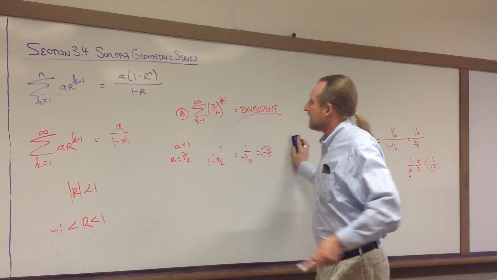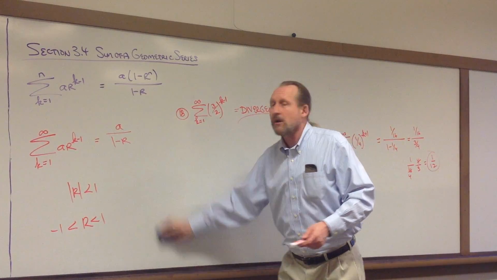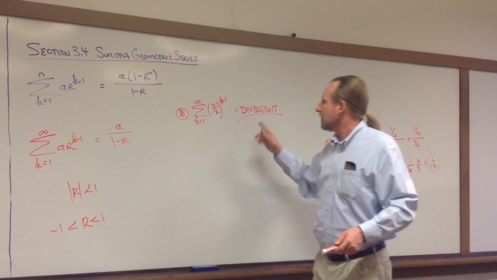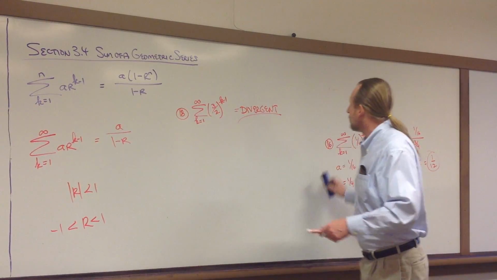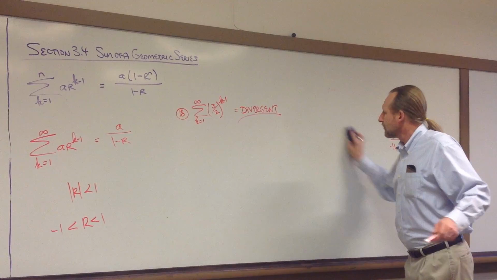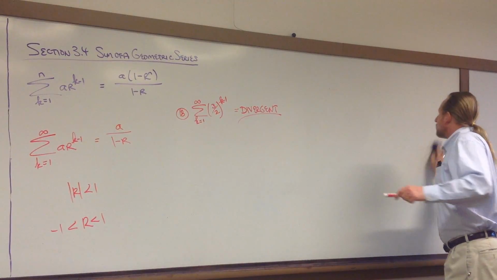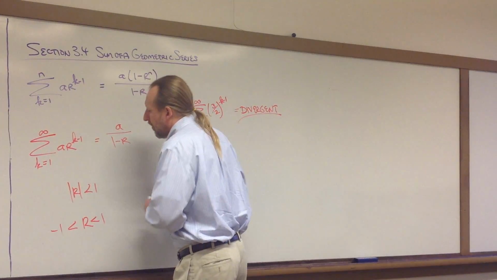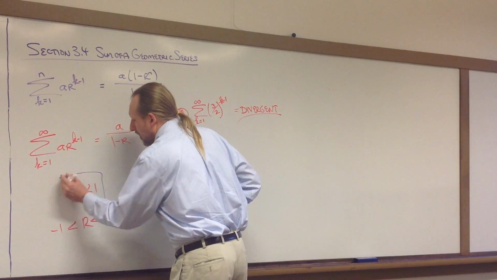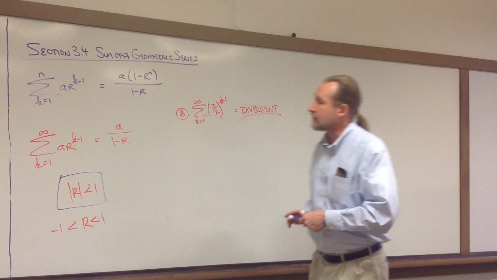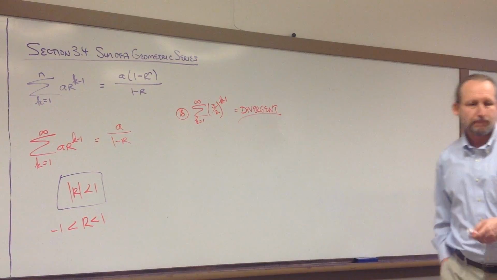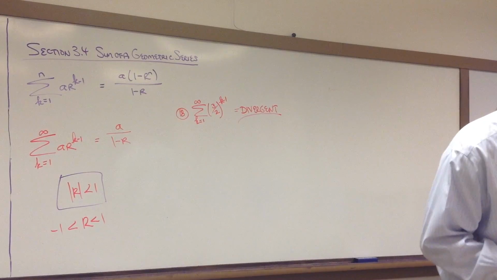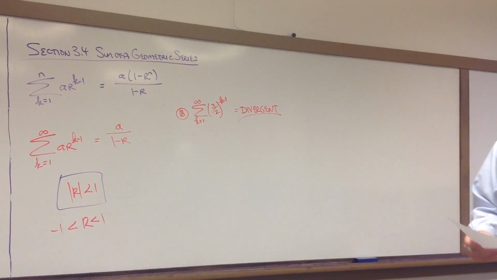And for another thing, this thing is going to get infinitely large as you keep adding more and more to it, and it's what they call divergent. So I just threw one of those in there to remind you that this formula for infinite series is only for r whose absolute value is less than 1.